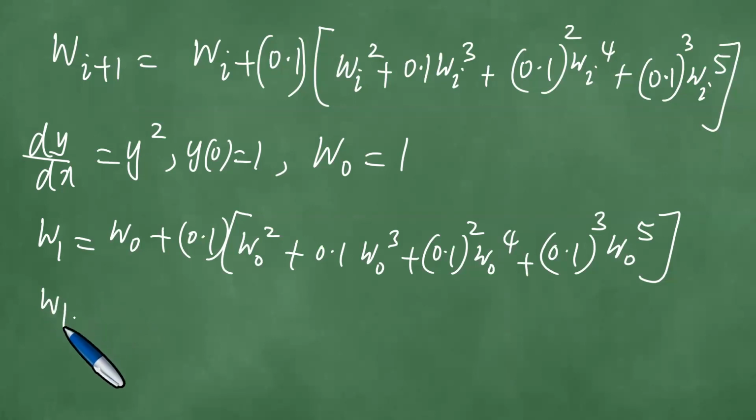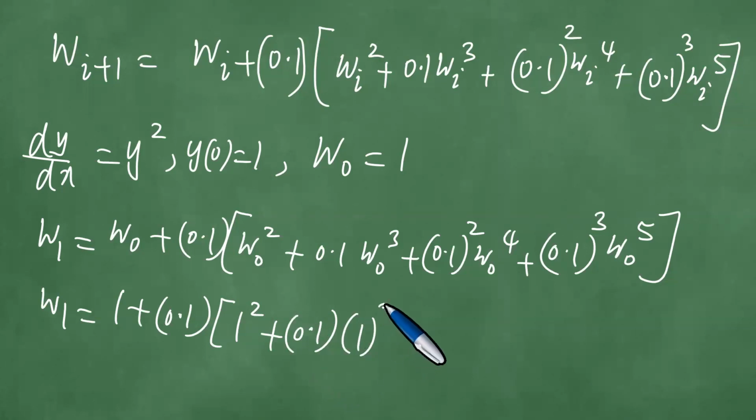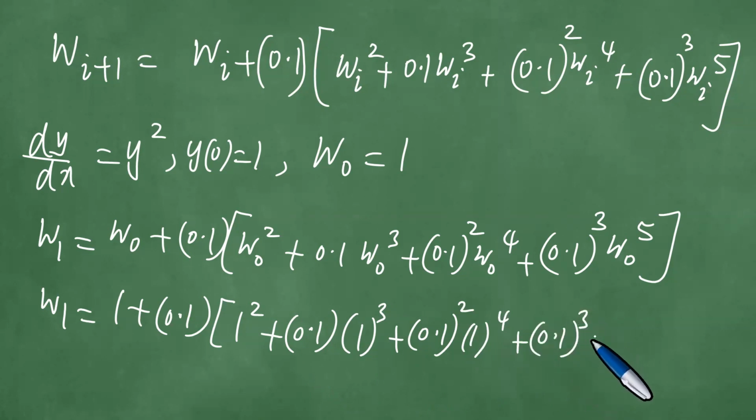So which means that W1 is 1 plus 0.1 into W0, which is 1 squared, 1 cubed, squared, 1 cubed, 1. Right.